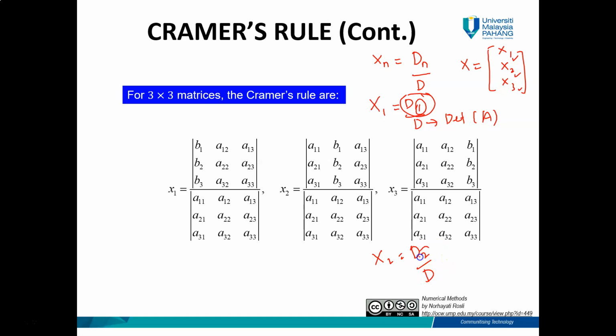In this case, d2 means the second column you need to replace with vector b, then divide by the determinant of matrix A. And for x3, the 3 means the third column needs to be replaced by vector b. We compute its determinant and divide by the determinant of matrix A.